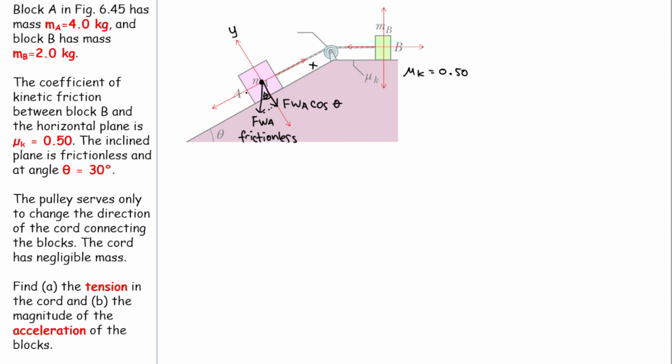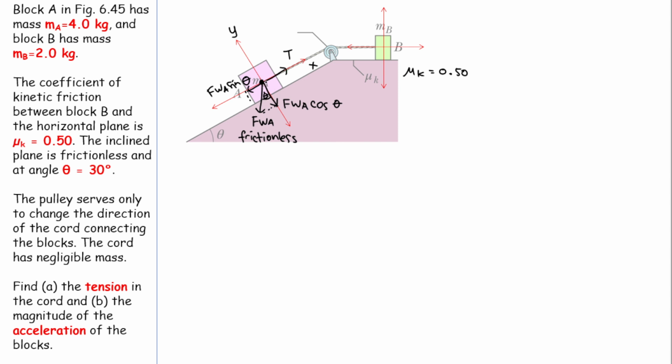But then we can also project that into this part here, and that one is FWA sine of theta, because this was the opposite side. Good. And we don't have any friction here because this one is frictionless. However, we have the force that works there, which is the tension of the rope, so we will have this one as T, right?